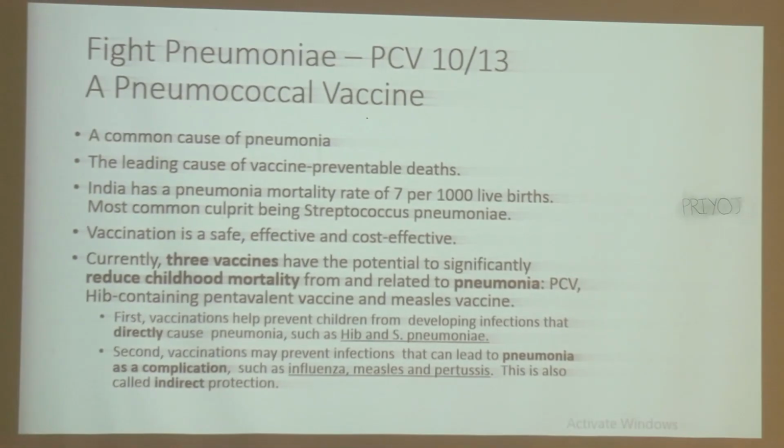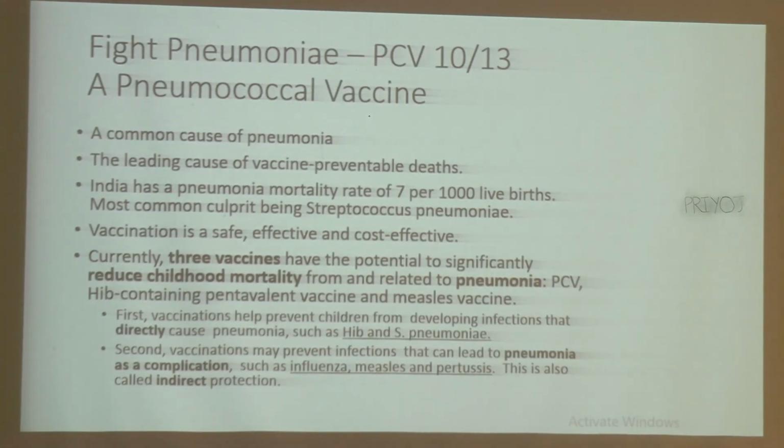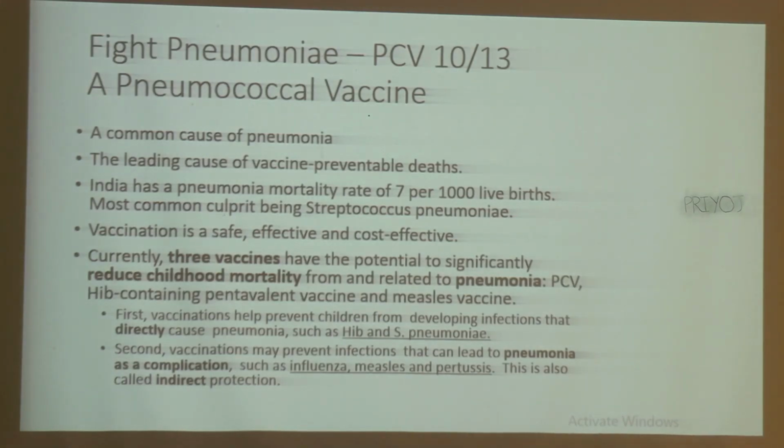Now coming to the next vaccine, which is now very popular in the market, that is PCV. The pneumococcal vaccine, what is the organism? Streptococcus pneumoniae or pneumococcus. From micro you all know that it affects a bimodal age group.